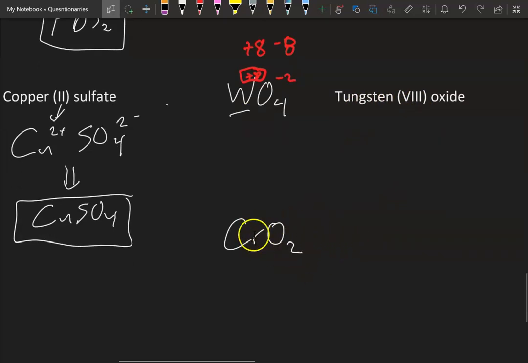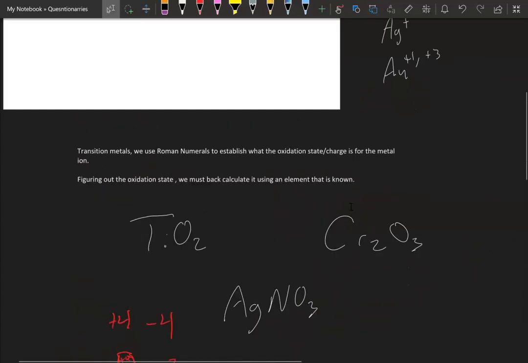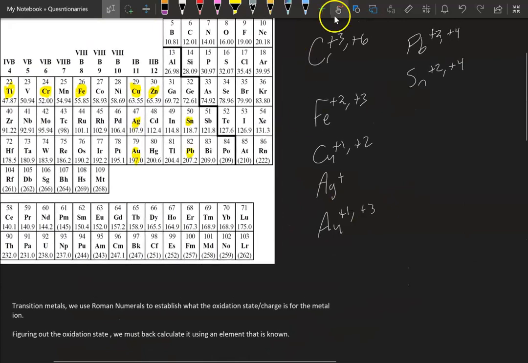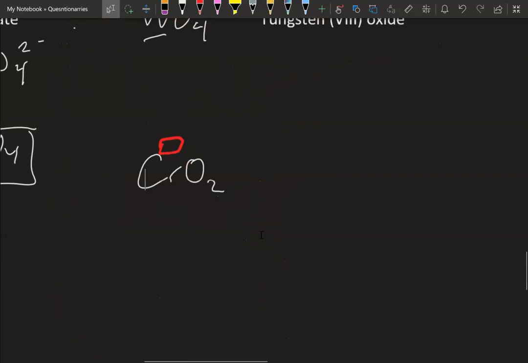Now, we've done one like this before, but we're going to do it again. So for the chromium, we don't know exactly what its oxidation state is. Earlier we talked about chromium having a +3 and a +6, so it is possible that chromium could have something other than that. It's not against the rules, but we're going to figure it out. 2 times -2 gives me -4. +4 cancels out that -4.